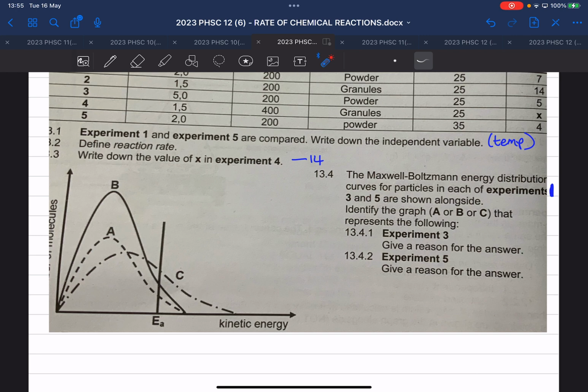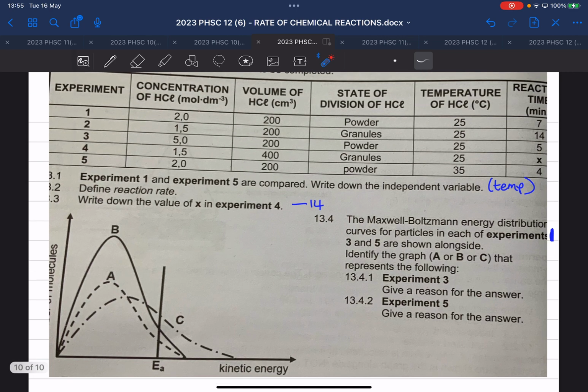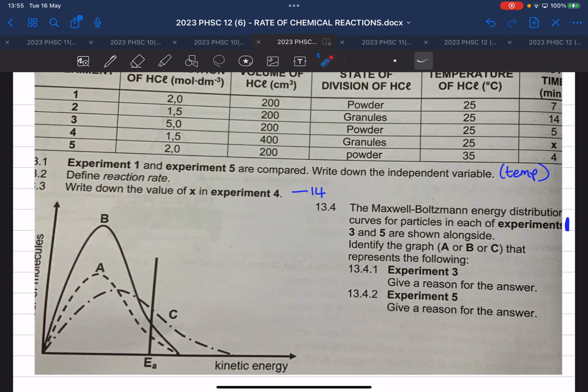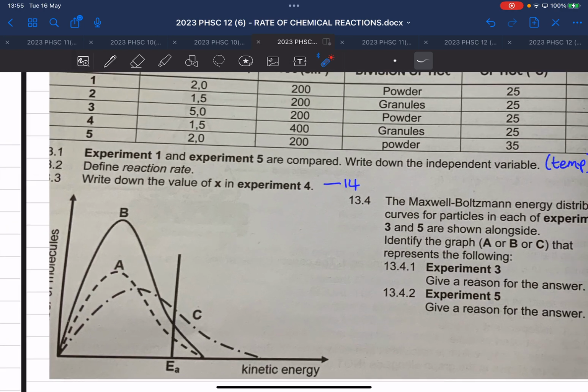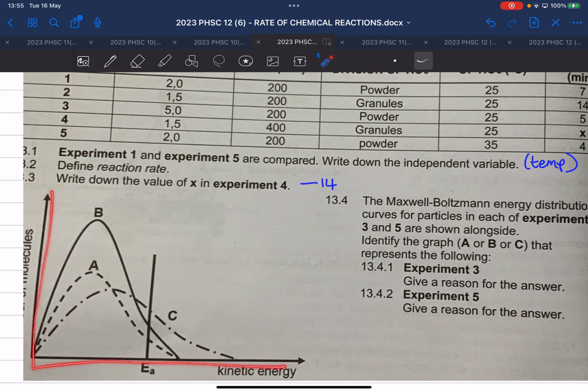No, let's just see. They're not saying that, sorry. If you look at these curves, you see 3 curves there. Which one looks like the normal one? Like nothing weird changed there.